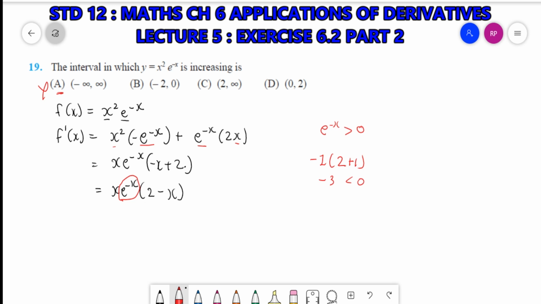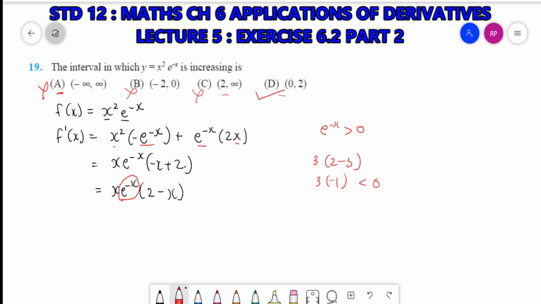So option B is also cancelled. Clear? Now 2 to infinity and 0 to 2. Let's see option C. Let's take x equal to 3. So 3 into 2 minus 3, 3 into minus 1, that is minus 3, less than 0. So option C is also cancelled. So D is the correct one.